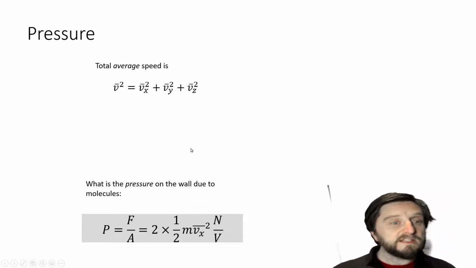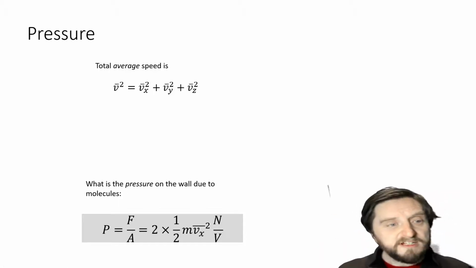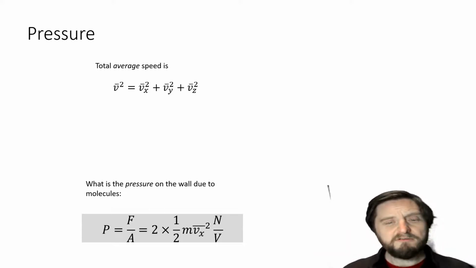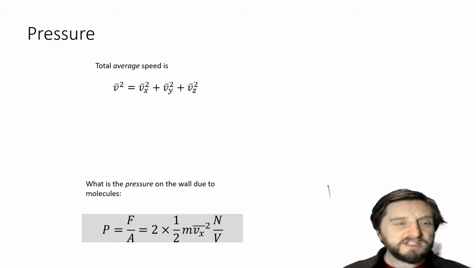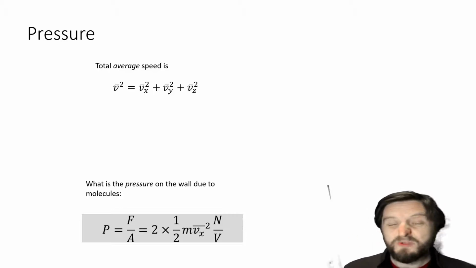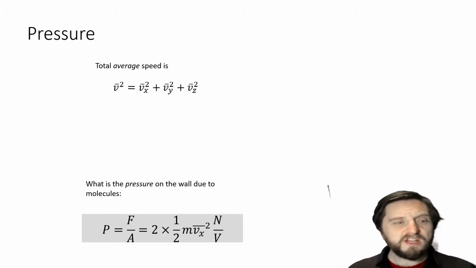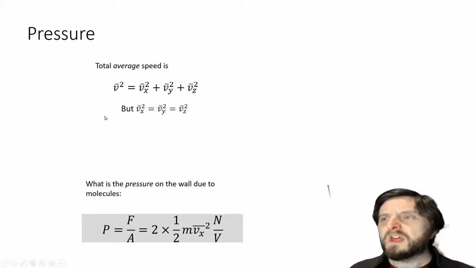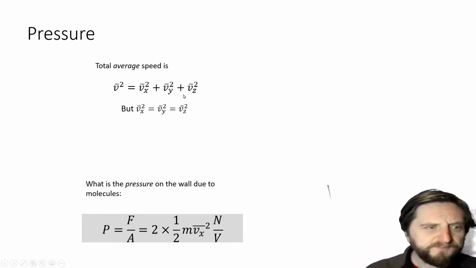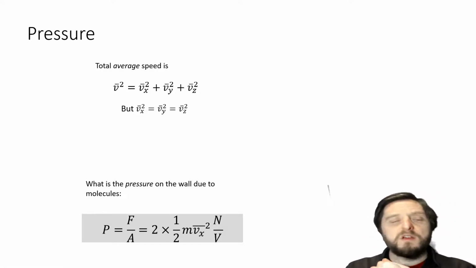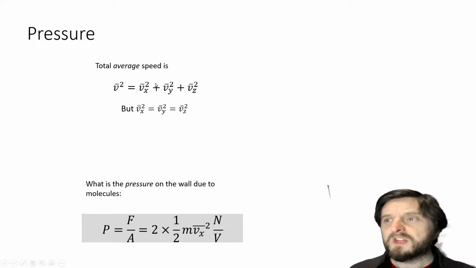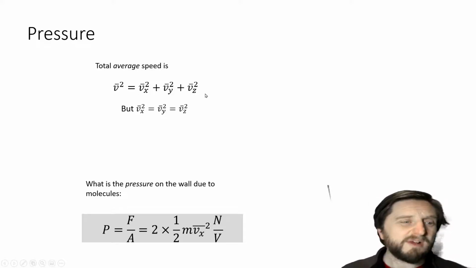But the thing is, they're all moving randomly. So assuming they're all moving completely randomly, the average velocities in the x, y, and z direction should all be the same as each other. There's no particular reason they'd be going faster to the bottom or to the left or the right. So these three terms that I'm adding together are actually the same.